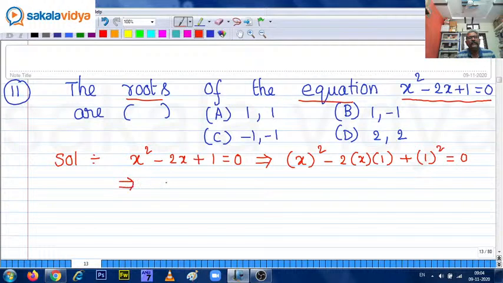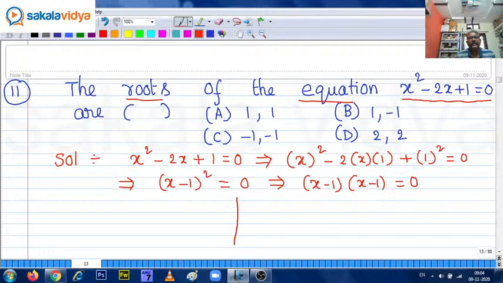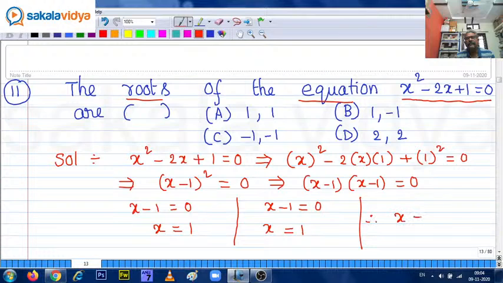This can be put like this: (x minus 1) whole square. So this we can write (x minus 1) multiplied with (x minus 1) equals 0. So we get two cases. x minus 1 equals 0 and x minus 1 equals 0. You get x is equal to 1 and x is equal to 1. Equal roots. So therefore x is equal to 1 comma 1. Option A is the right option.